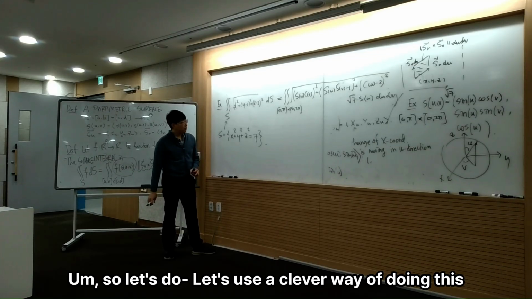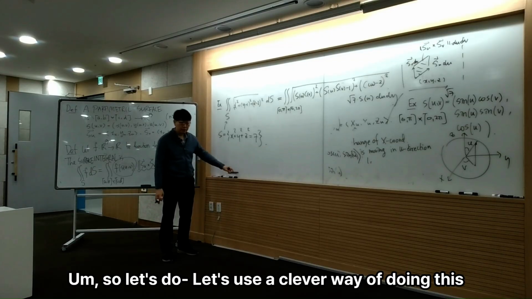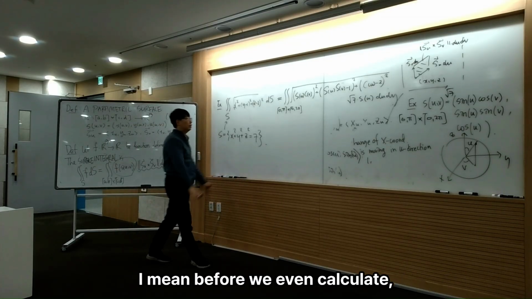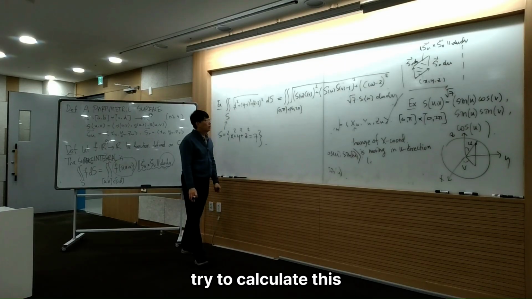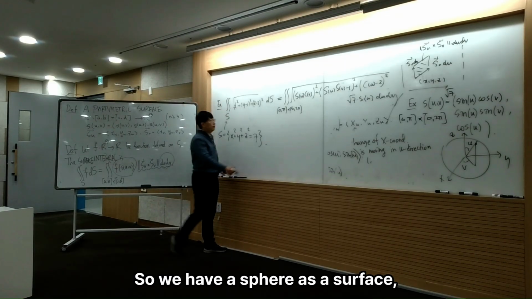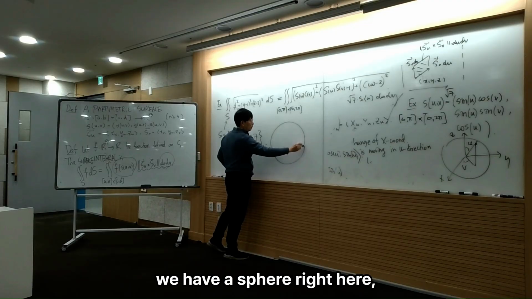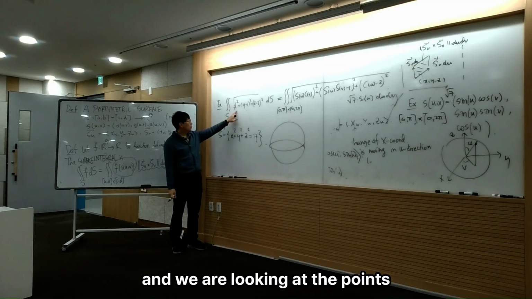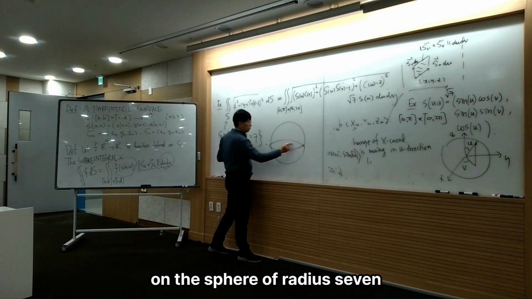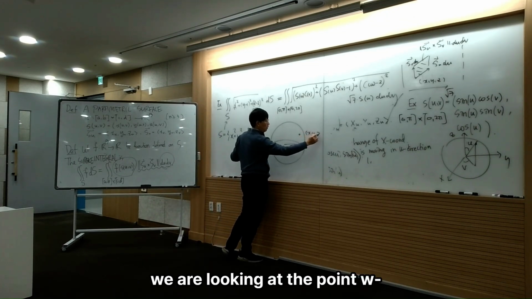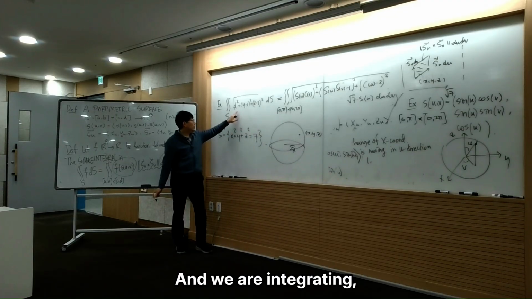So let's use a clever way of doing this. Let's think about the meaning of this, before we even try to calculate this. What's the meaning of this double integral? We have a sphere as a surface, right here, and we are looking at the points on the sphere of radius square root of 7.